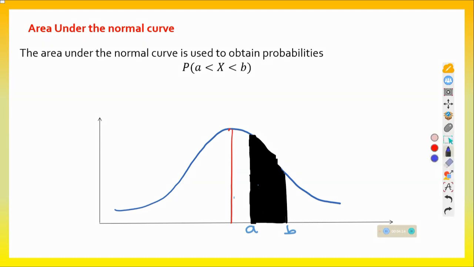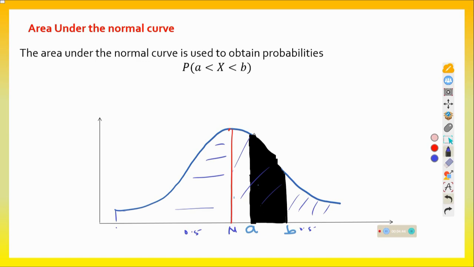So we have seen that if this line is representing mu, then from negative infinity up to this given point, the whole of this is representing a portion of 0.5, and the whole of this is also representing 0.5, as we have seen from the properties.